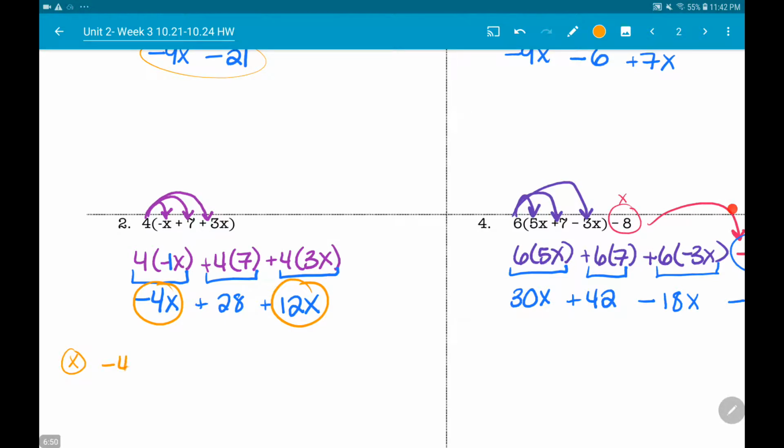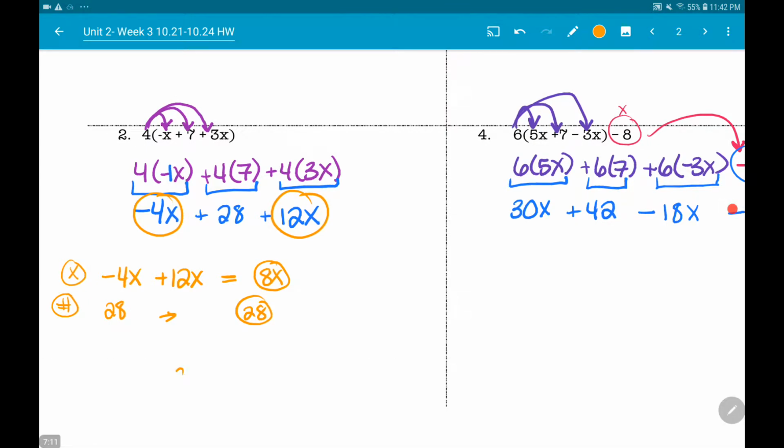So I have -4x and +12x, and then I have my number group. That's 28. So I can simplify these. -4 plus 12 gets me 8x, and 28 just stays as 28. I need to write my simplified answer, 8x plus 28.